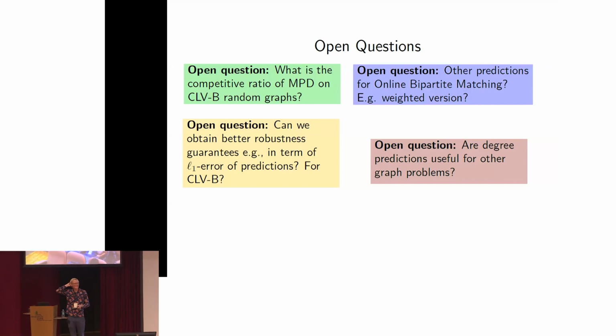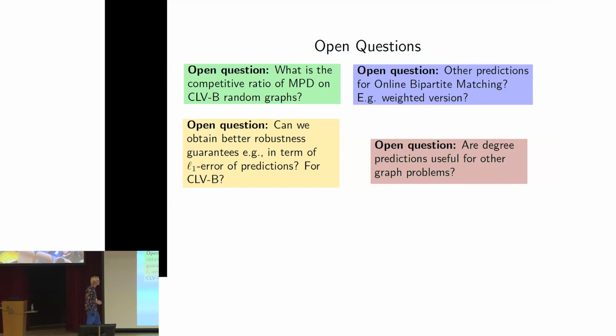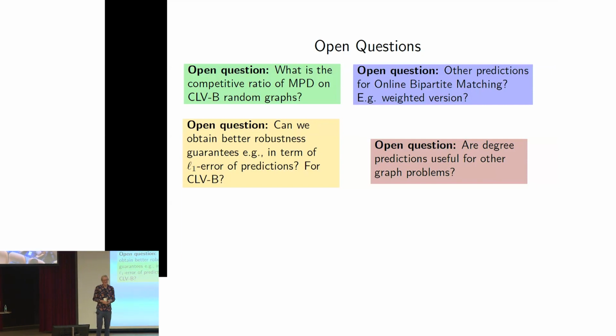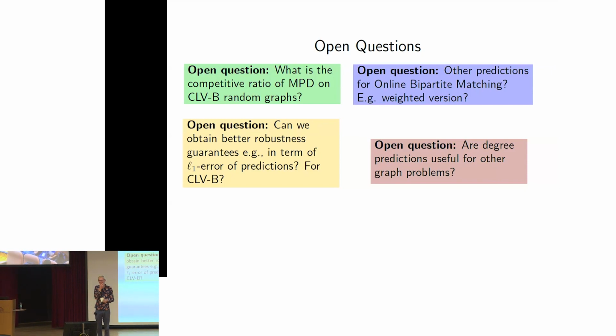I think we had some other ideas, but most of them are still not better in the worst case. There's also the question of how you use the predictions. Maybe you can use the predicted degrees to construct some algorithm that interpolates between ranking and using the smallest degree. I don't know if that's possible.